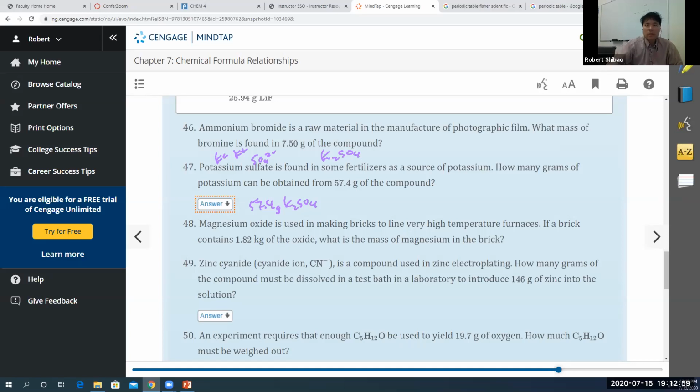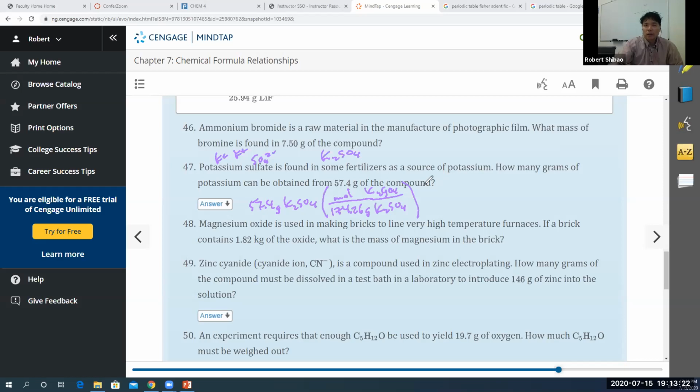This is a very common pattern. So we're going to go grams to moles. 174.26 grams of K2SO4, because I don't want to spend the time calculating the molar mass. We could look these up on Wikipedia as well. Per mole K2SO4.